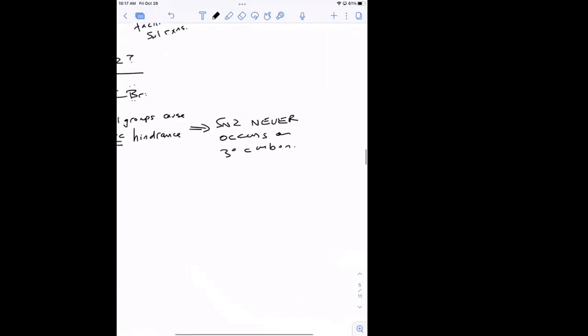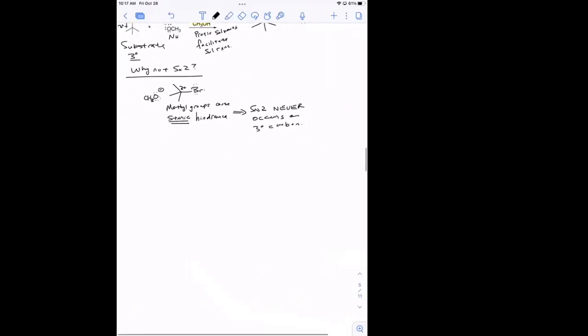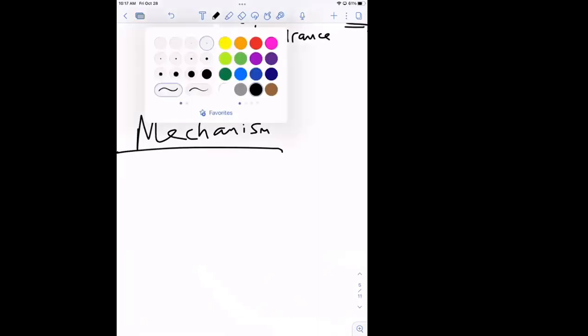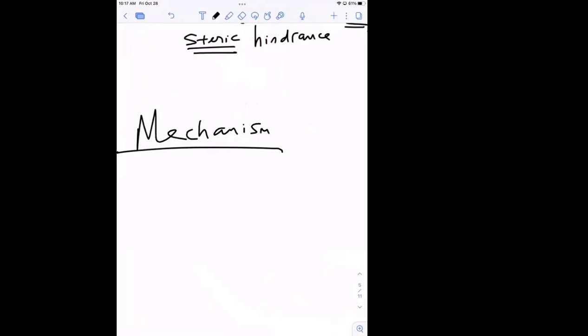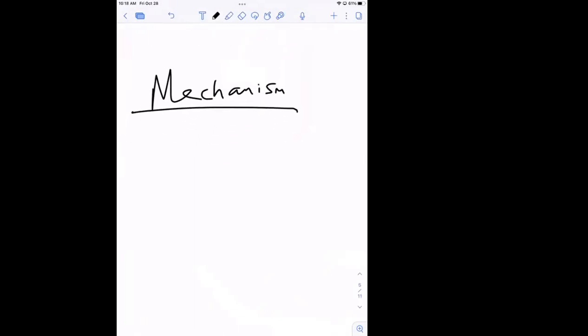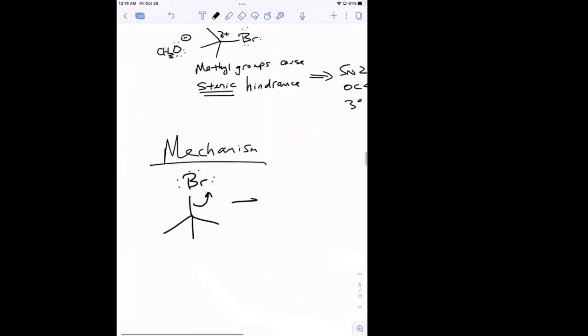So let's talk about how it does happen, because this is a stepwise mechanism. The first thing that happens is the loss of the leaving group.